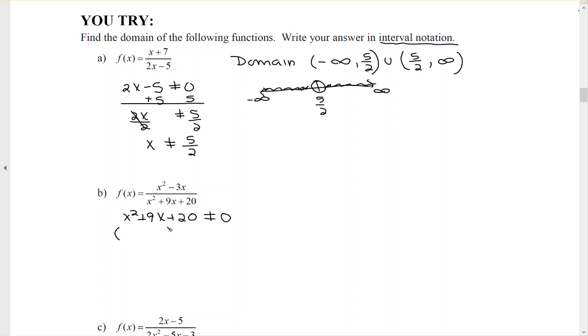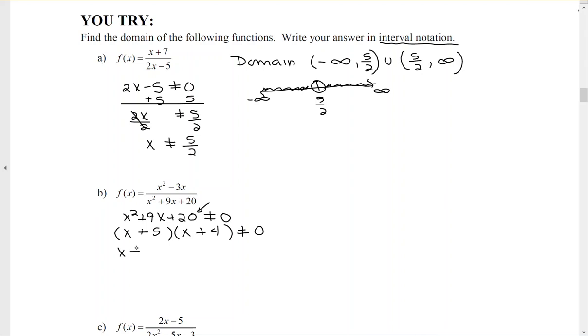This should factor though. Write down your 2 sets of parentheses, can't be 0, and then do backwards FOIL on it. So x times x is x squared. You look at the last number, positive 20, what multiplies to it, but then adds to positive 9. That would be a plus 5 and a plus 4.